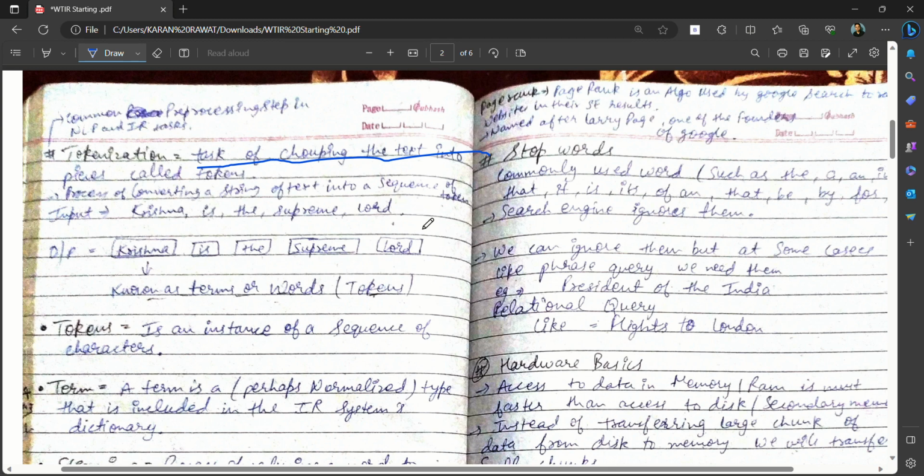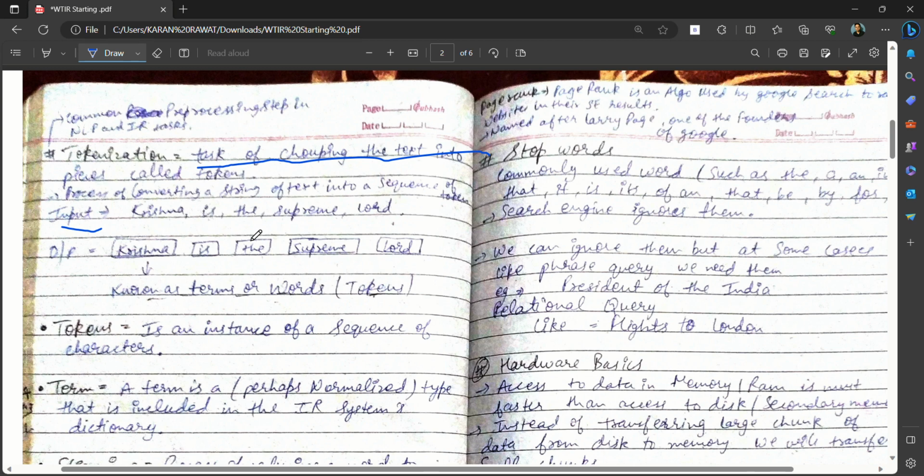We have a complete string. Now see the example, and you will understand it clearly. If we have an input, Krishna is the supreme lord, this is the text. Now we perform tokenization, so we chop the text into pieces.